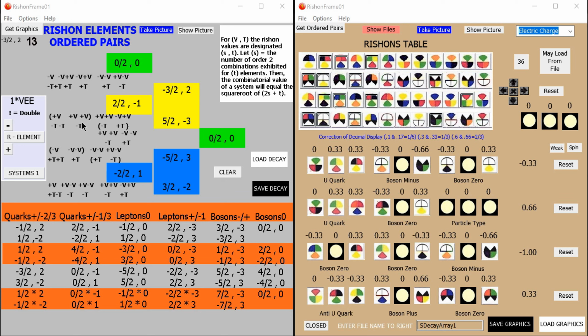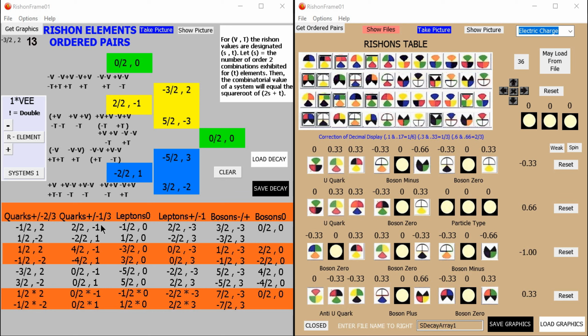In addition, it will include, as does the U quark, but with the opposite designations, an anti-T prime and a T rishon.